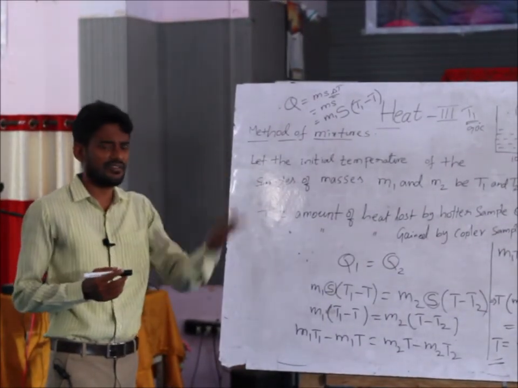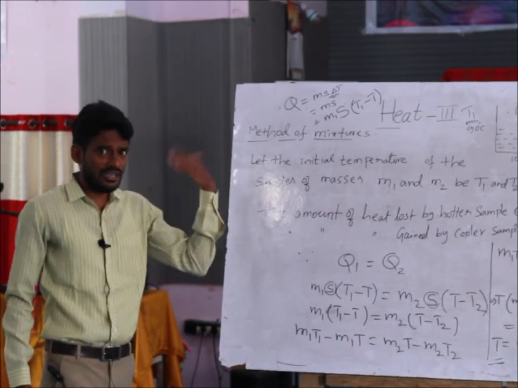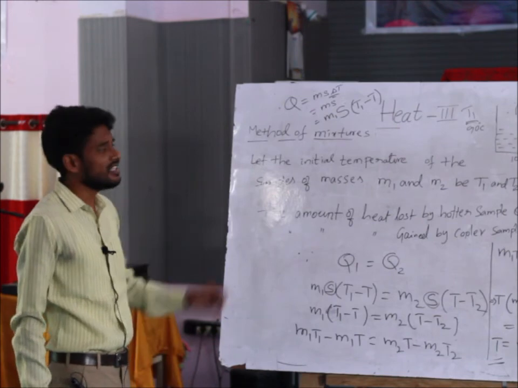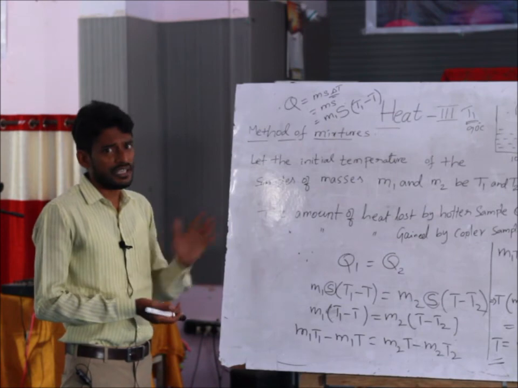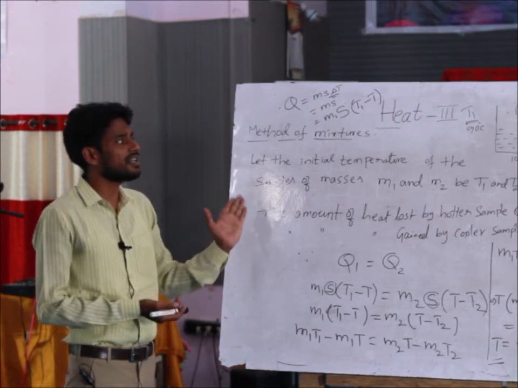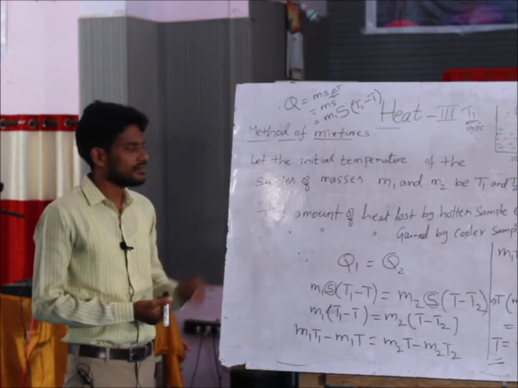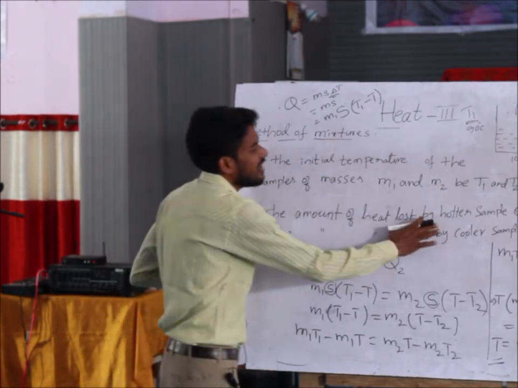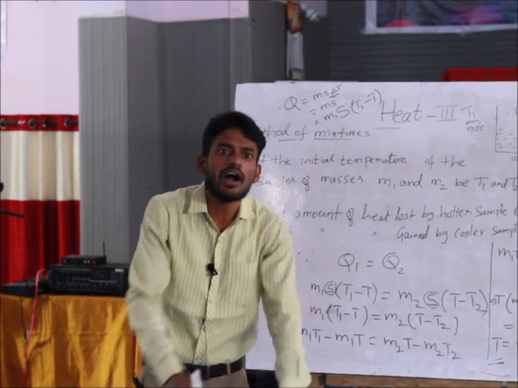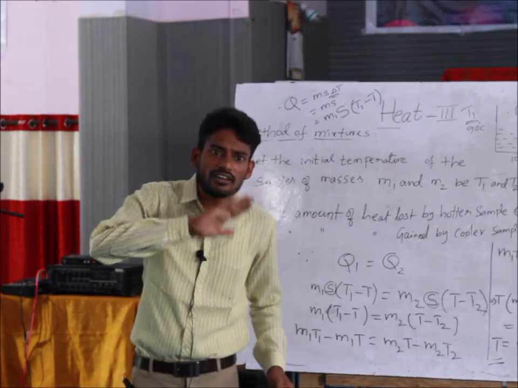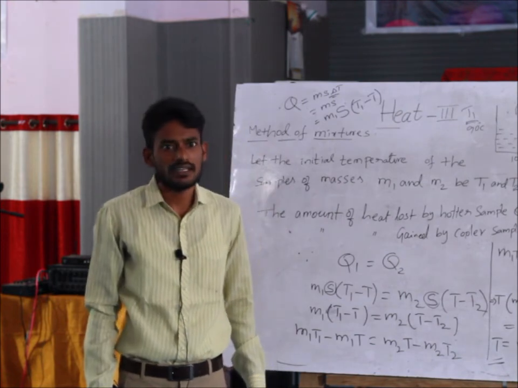Masses M1 and M2, their final temperature T, and initial temperatures T1 and T2. T1 is the highest temperature, T2 is the colder body's temperature. Relatively comparing all three temperatures, T2 is the least. Now, net heat lost by the hotter sample: if you pour cold water into hot water, definitely hot water should lose heat to the cold water.